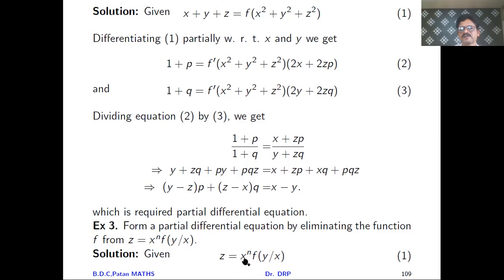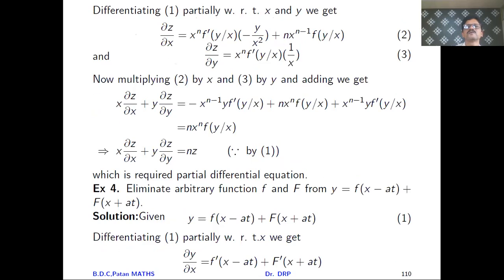x raised to n, the first function, remains as it is, into the derivative of f of y upon x with respect to x. You will get f dash of y upon x into the derivative of the quantity in the bracket, y upon x, partially with respect to x, keeping y constant. You will get minus y upon x square.